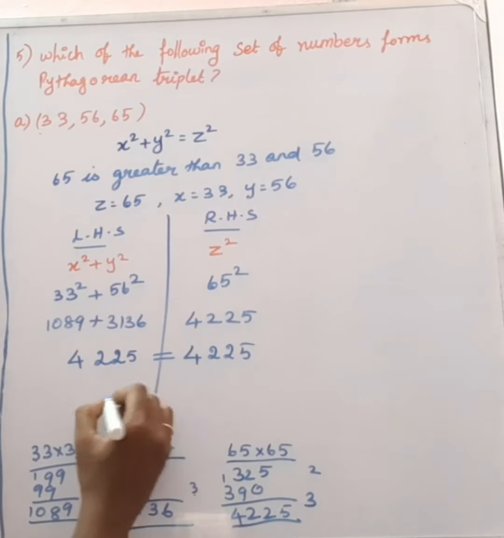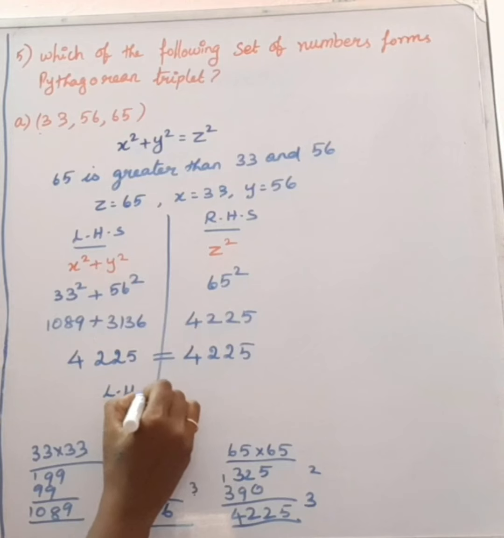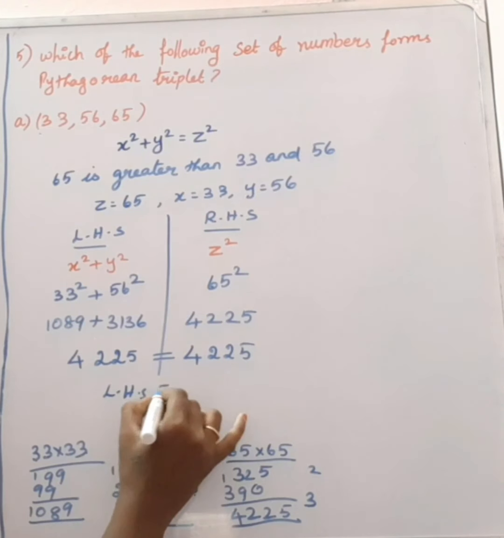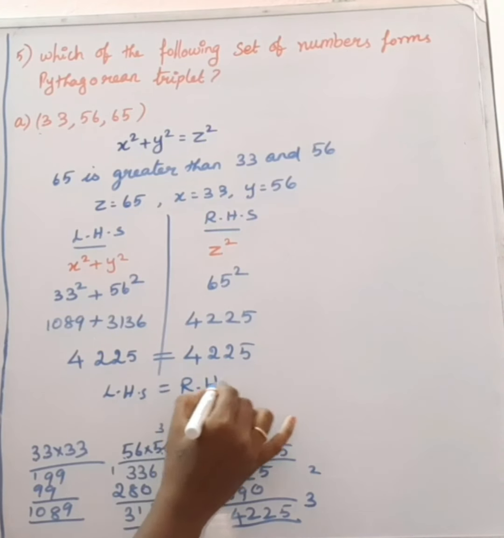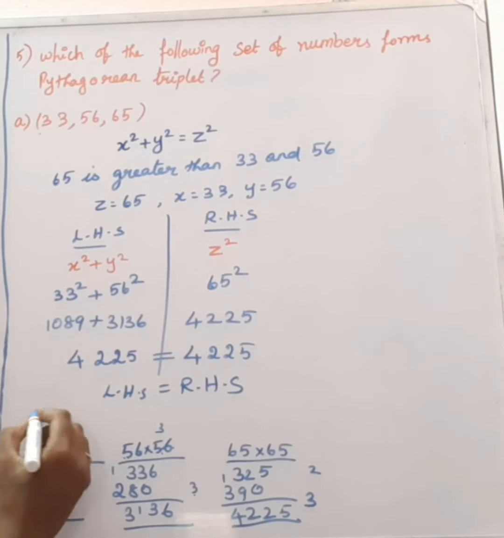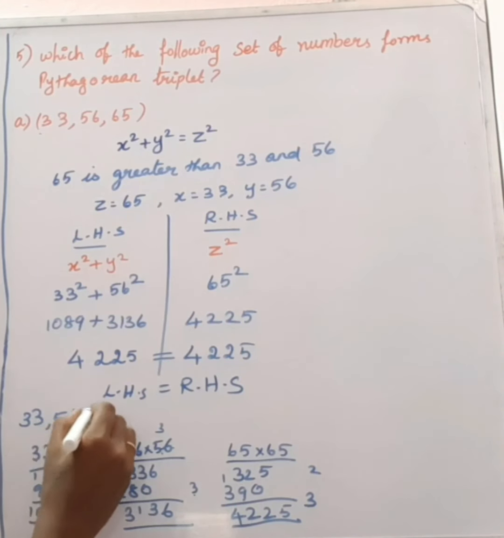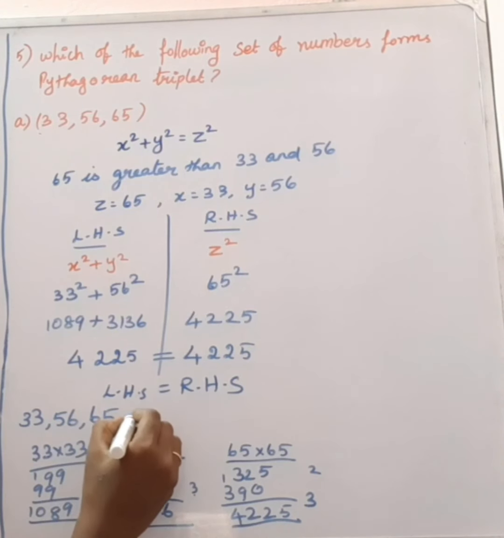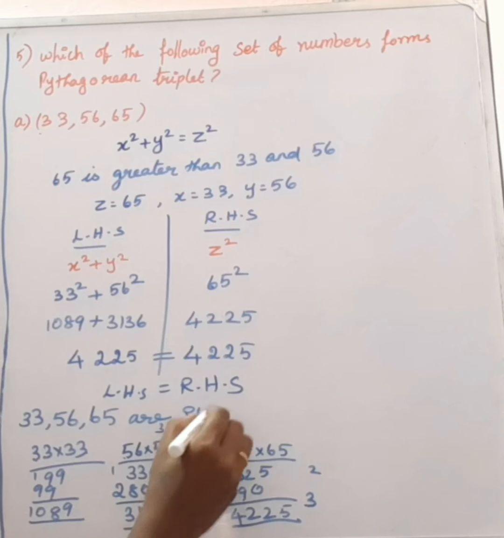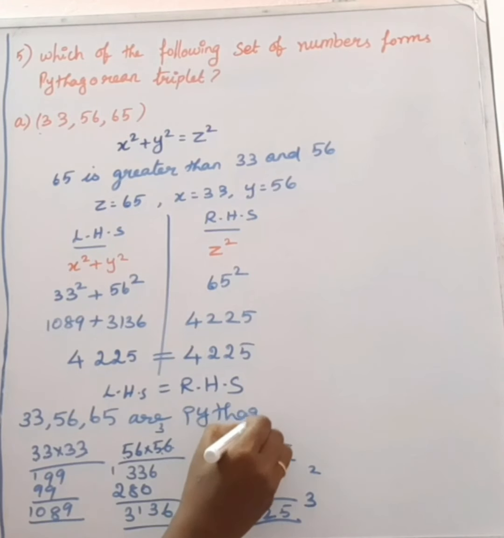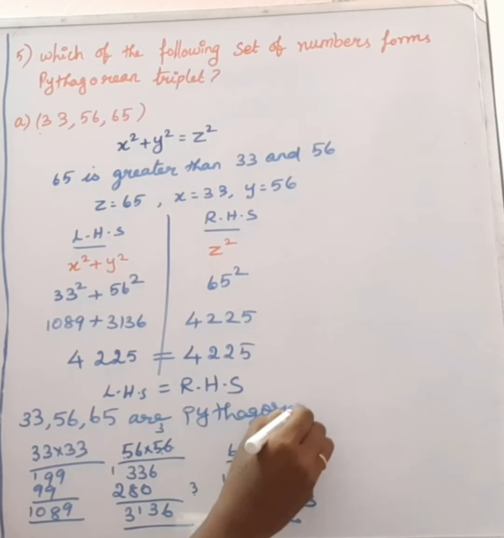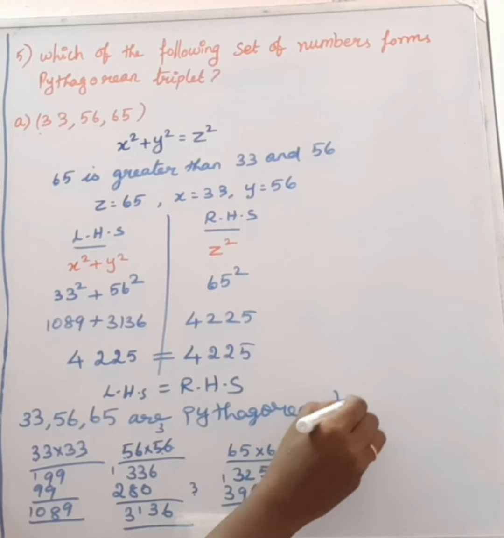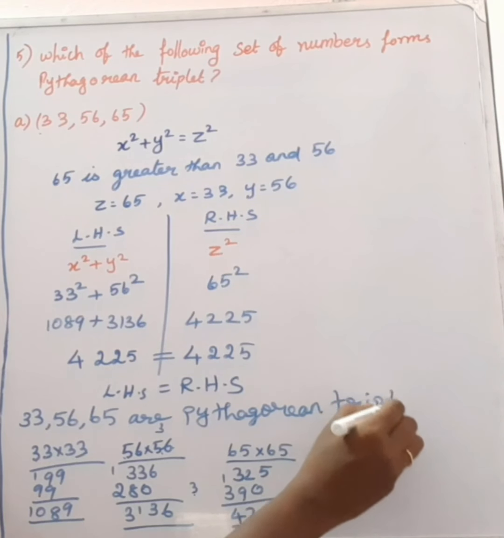So LHS is equal to RHS. So the numbers they have given, 33, 56, 65 are a Pythagorean triplet. So it is a Pythagorean triplet. Okay.